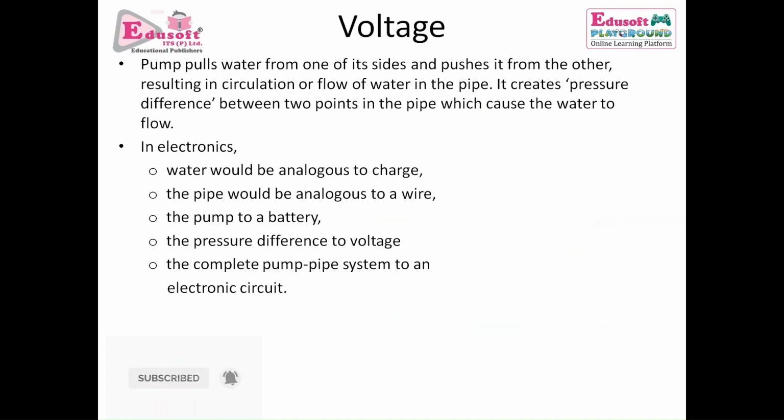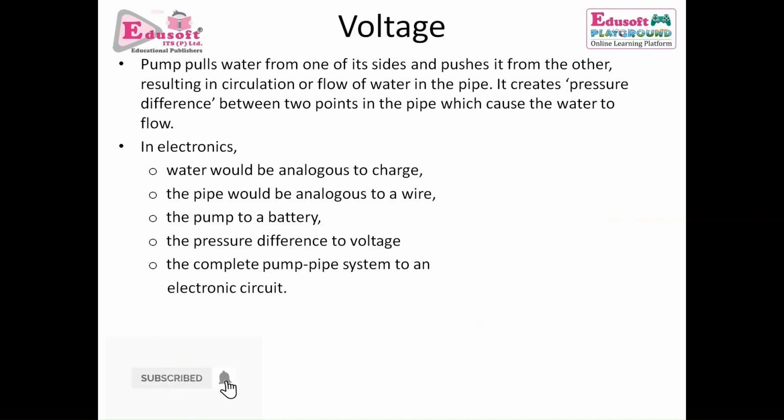So with the help of that example, we can understand what is voltage. Like a pump pulls water from one of its sides and pushes it from the other, resulting in circulation or flow of water in the pipe. It creates a pressure difference between 2 points in the pipe, which causes the water to flow. So that is called voltage.